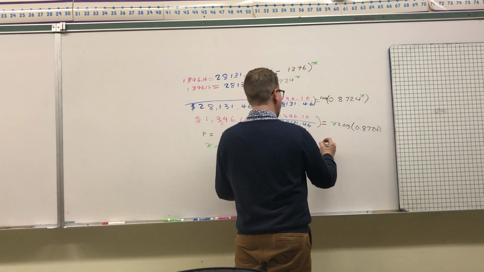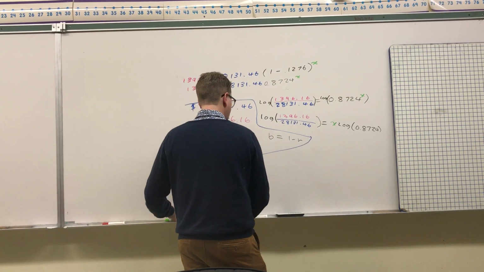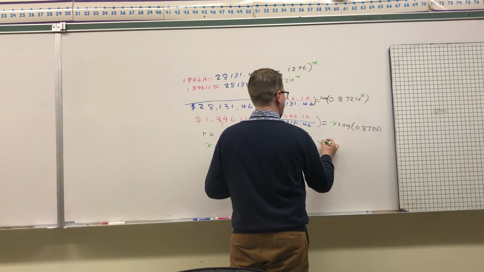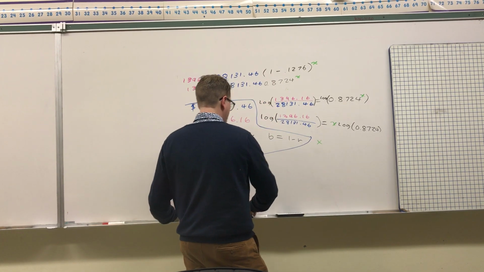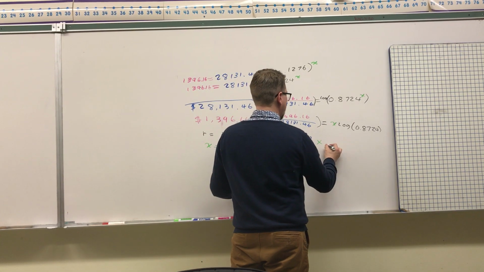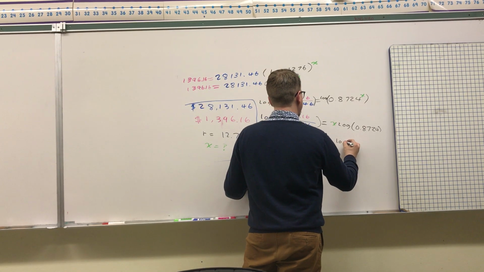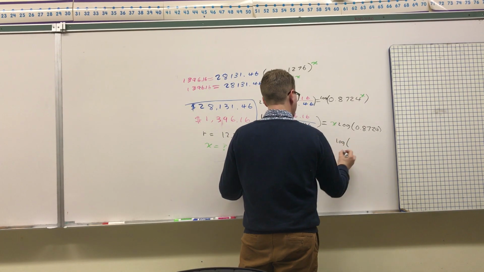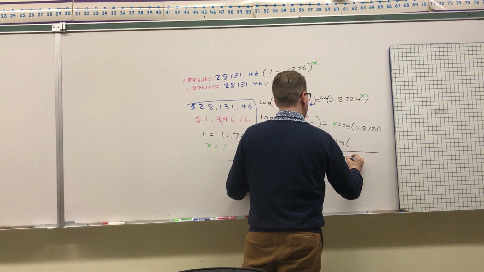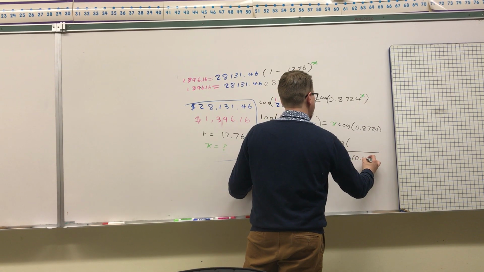So we're going to end up with x equal to the log of something over the log of 0.8724.